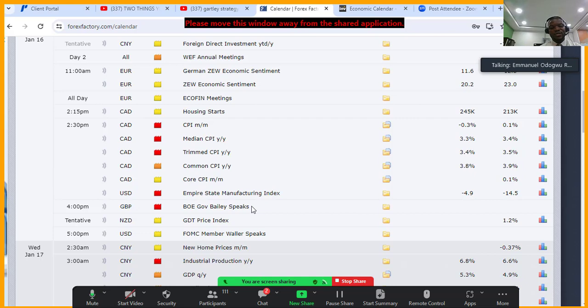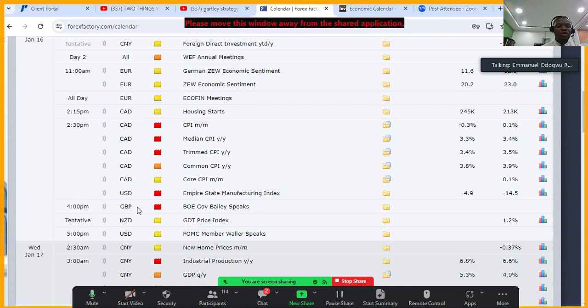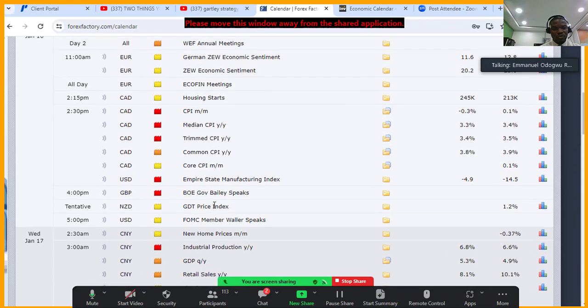So traders normally scrutinize all of his public engagements to see whether he's going to drop some clues on what the future economy or the rates will look like. So that's why anytime the guy is speaking, it's always high impact news. Okay, so that's by 4 p.m. That means we're expecting some move on the Great British Pound by 4 p.m. So I think that's all for today.